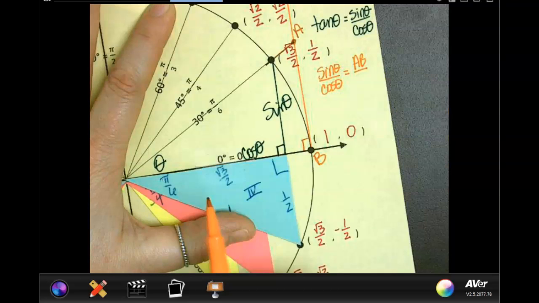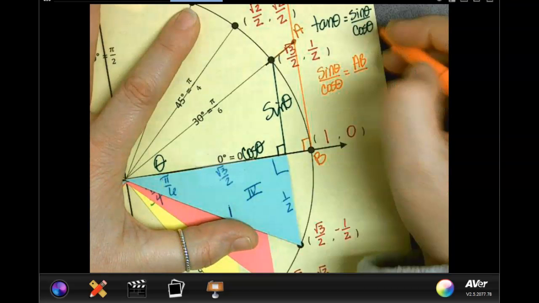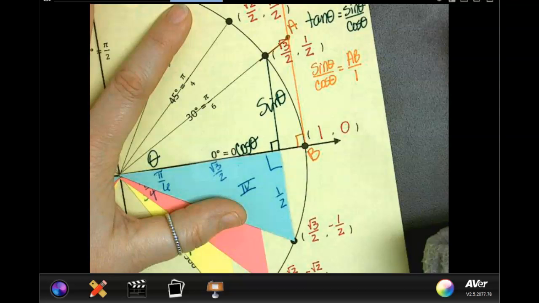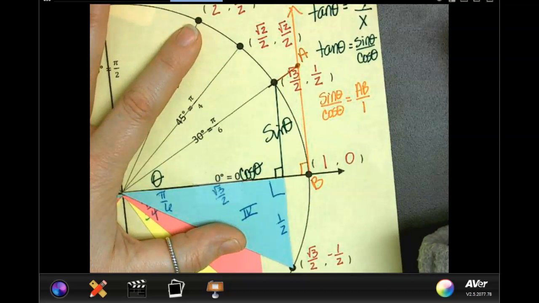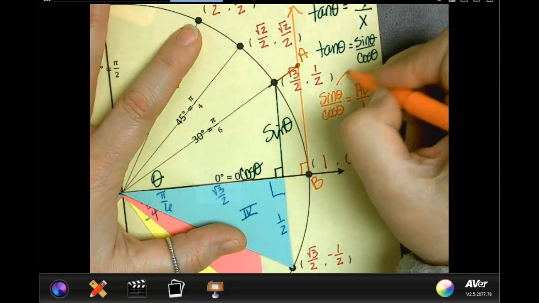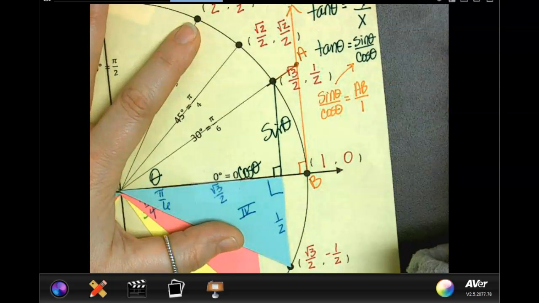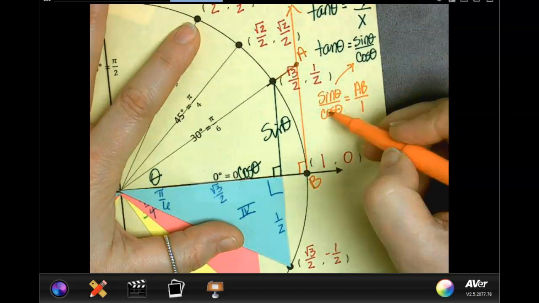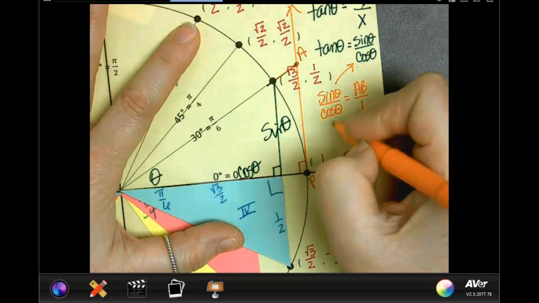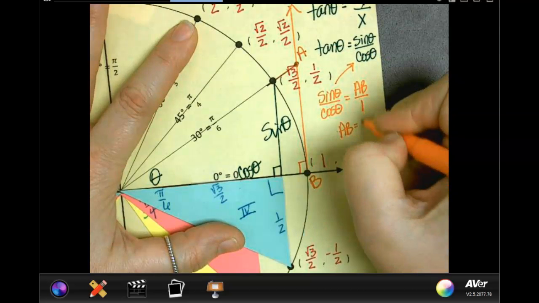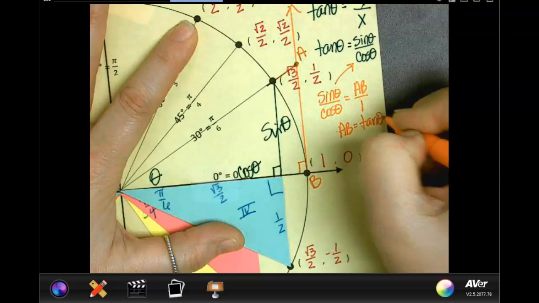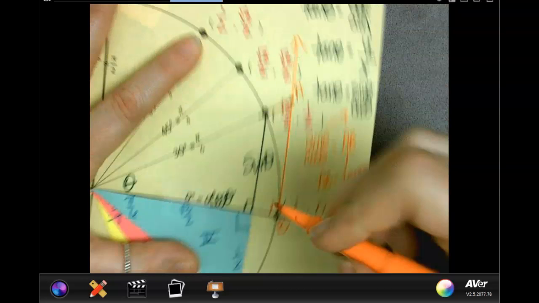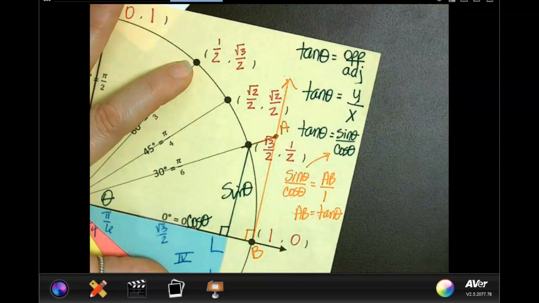What's the length of that side of the big triangle? 1. So sine over cosine equals AB over 1. Do y'all agree with that? So what does sine over cosine equal? Tangent. Sine over cosine equals tangent, which means the length of AB is the tangent of theta. So this is tangent theta.